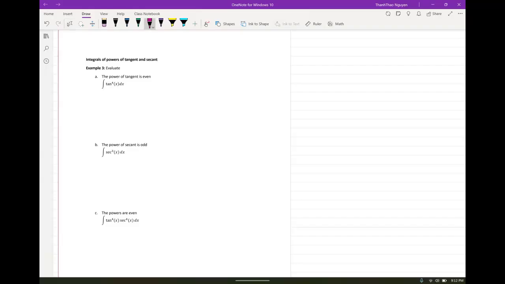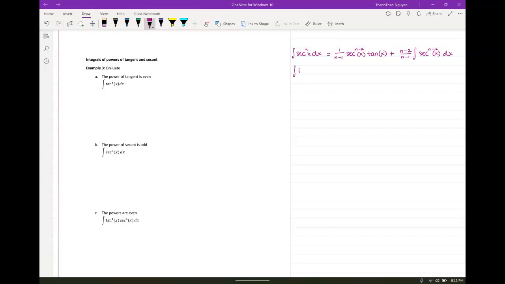Given the integral of secant to the n of x dx, this is simplified to 1 over n minus 1 times secant to the n minus 2 of x times tangent of x plus n minus 2 over n minus 1 times the integral of secant to the n minus 2 of x dx.